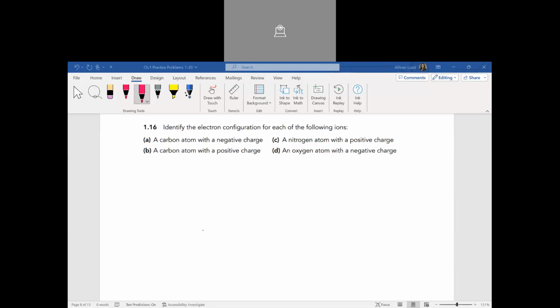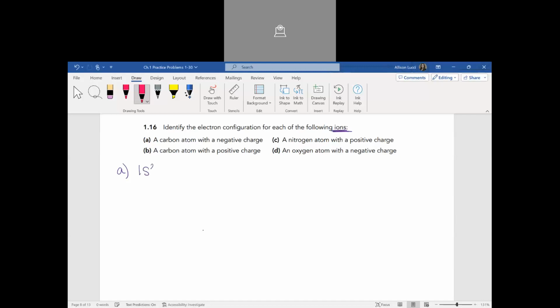Problem 16 from Chapter 1 asks us to identify electron configurations, but not for neutral atoms. We're asked to do this for ions now. So for A, we're asked about a carbon atom with a negative charge. We want to consider neutral carbon first.